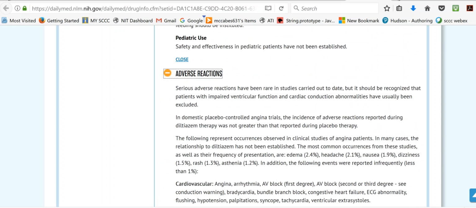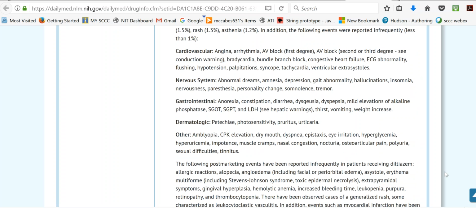And probably the most important adverse effect that we want to be aware of, aside from the cardiac, is that the client could experience depression, and they can get GI side effects, especially constipation and anorexia. And the last thing we want our cardiac person to do is to strain.